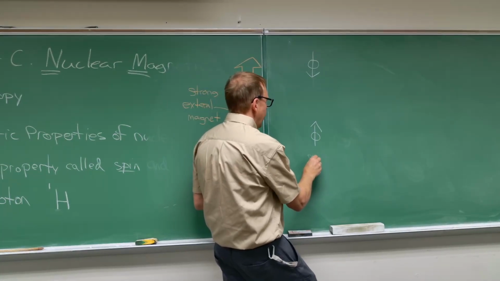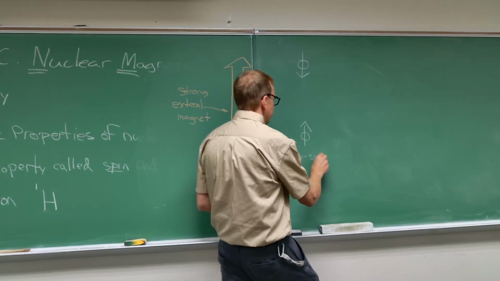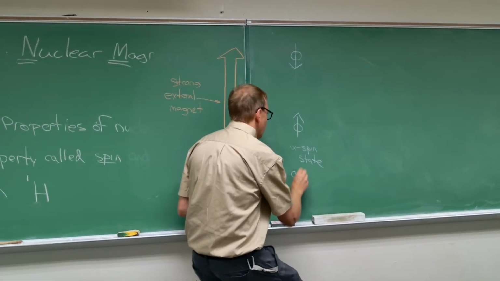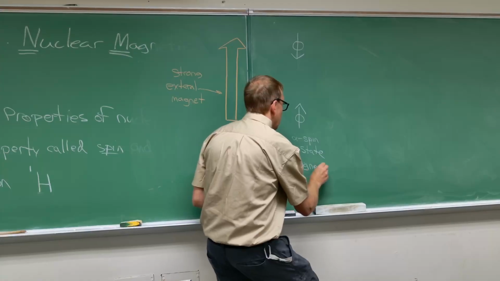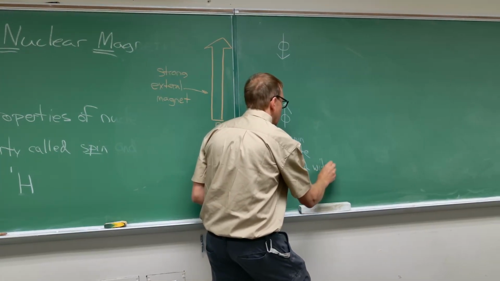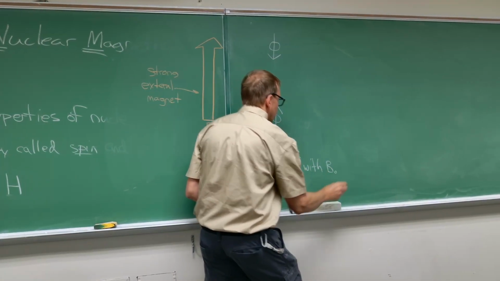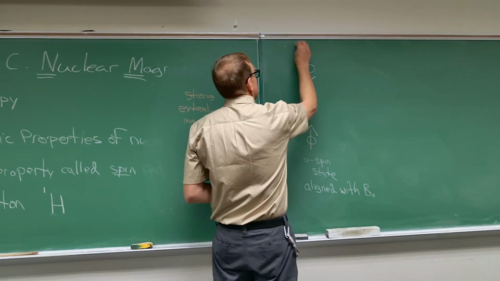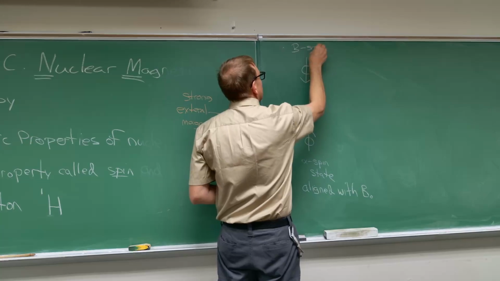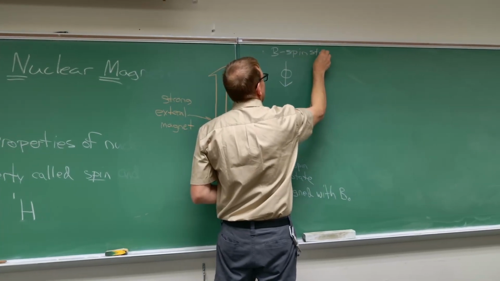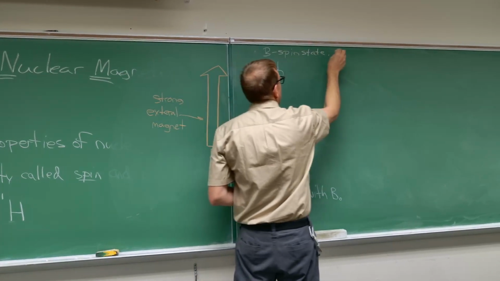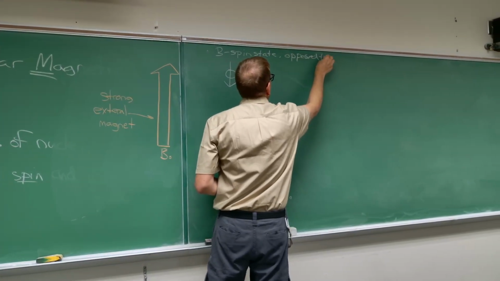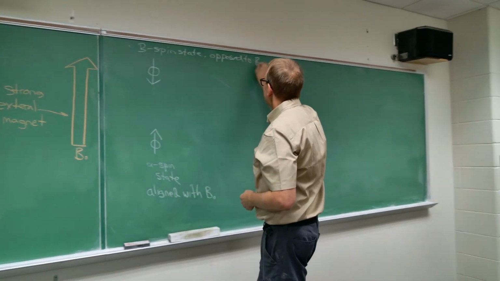This is called the alpha spin state. It's aligned with the external field B0. Up here, this is called the beta spin state. It's opposed to B0.